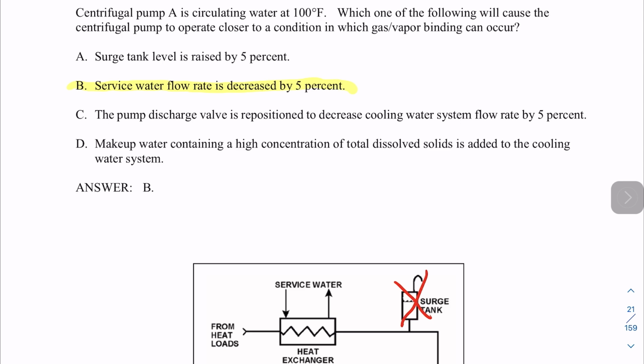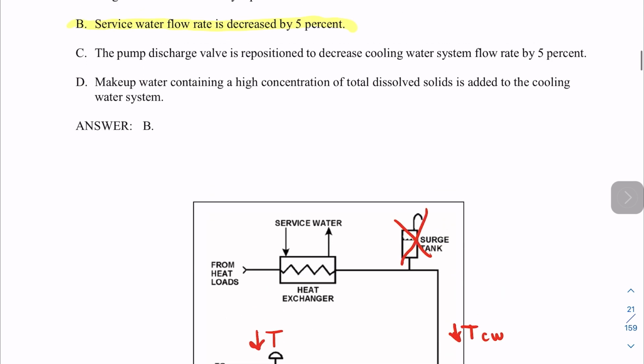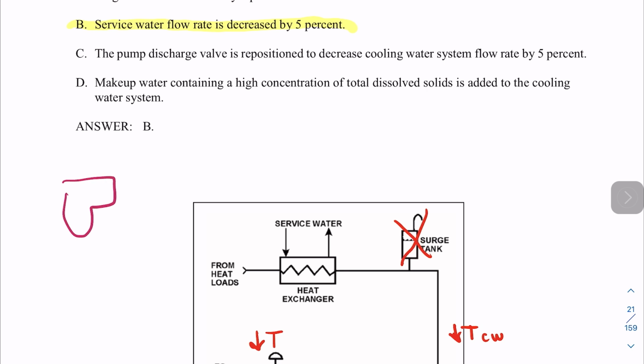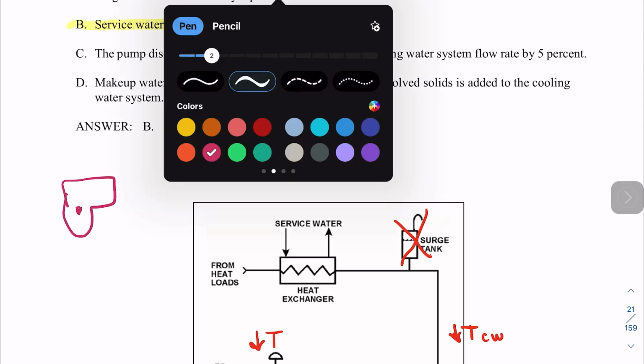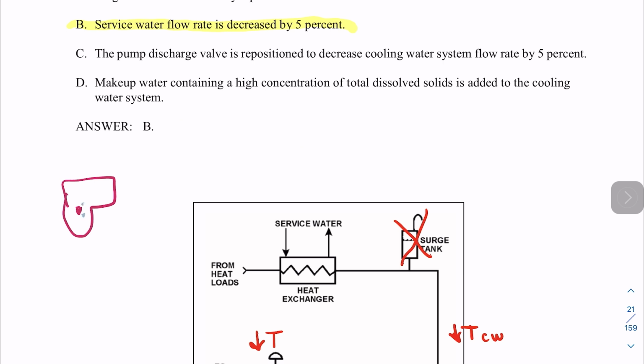Vapor binding in a pump, or gas or bubbles, they're going to form at the eye of the impeller in a pump, right? They're going to form here, the bubbles at the eye of the impeller. And remember that we talked about net positive suction head. Net positive suction head available has to be greater than the net positive suction head required, right?